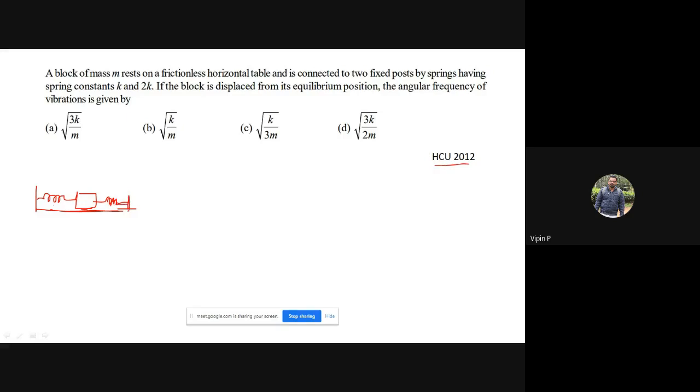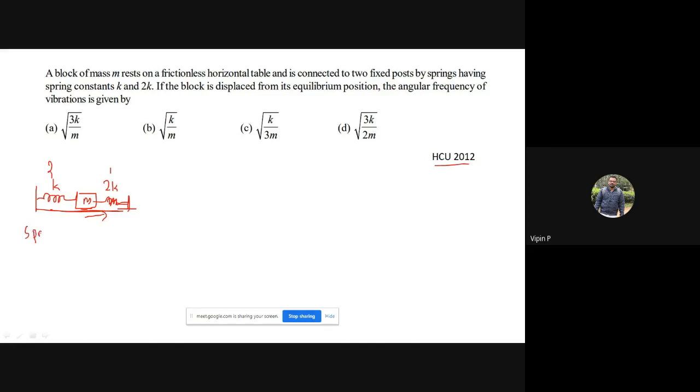Okay, so you have a mass M. This has a spring constant K, and this has a spring constant 2K, and it is supported by two fixed posts. Now you displace it from the equilibrium position, maybe towards this direction. Now let's see, I call it spring 1 and spring 2.